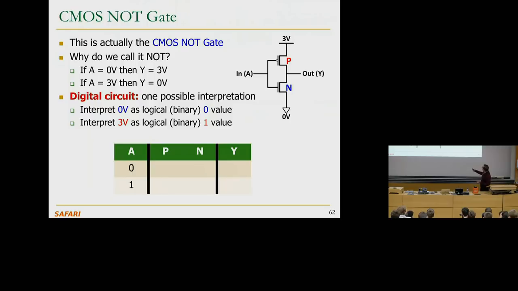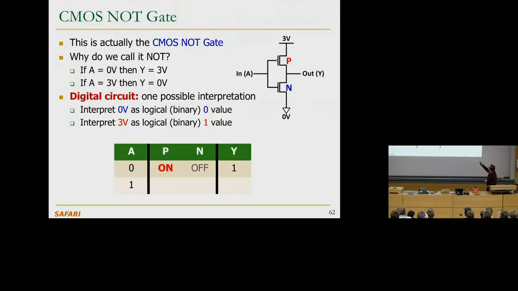We have A, the output is Y. We enumerate all possible values of the input. In this case, input is a single bit. It could be 0 or 1. And the truth table tells you what is the output if the input is 0, what is the output if the input is 1. Okay? And in this case, we actually have intermediate parts of the circuit that are also shown. So if the input is 0, the output is 1.